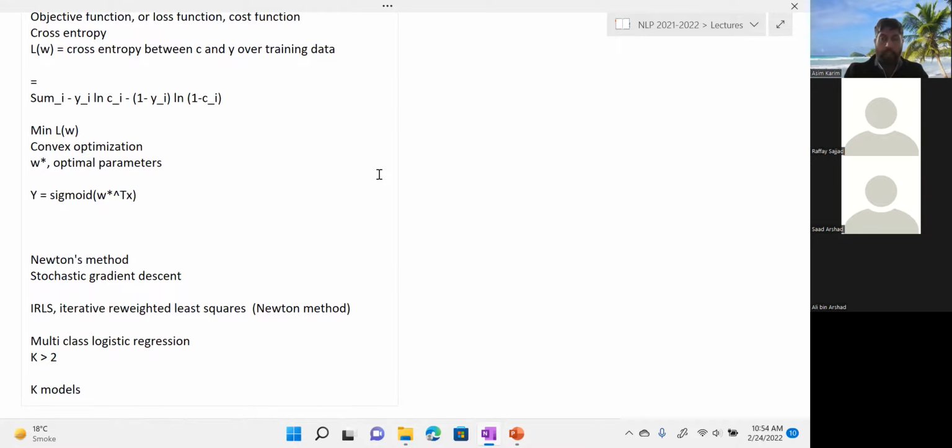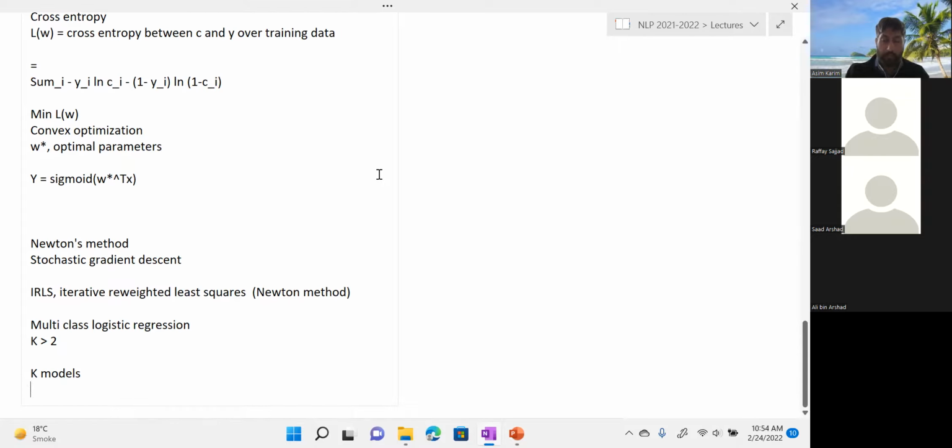Okay? But if you have multiple classes, you will have to find the probabilities for all. So the probability of c equal to 1 given x, the probability of c equal to 2 given x, and so on. All of these would need to be estimated.